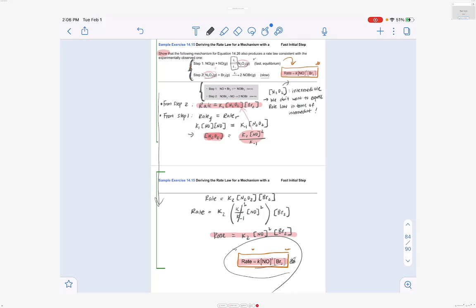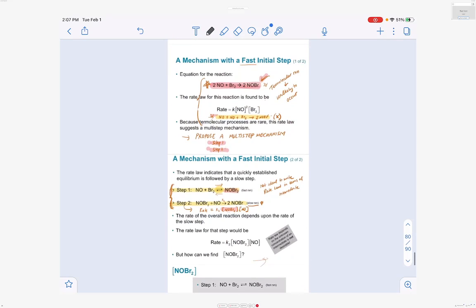Since we showed and we arrived at this rate equation, we say that after solving this, we arrived at this rate law, which agrees with this law. So yes, this mechanism agrees with the rate law. So equation 14.26 is going to be this equation.